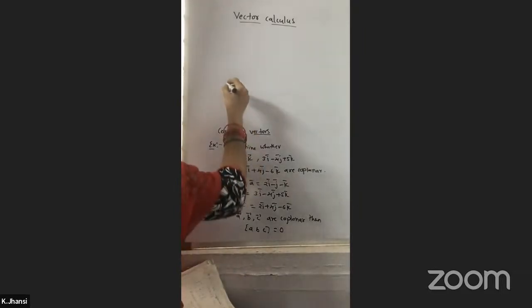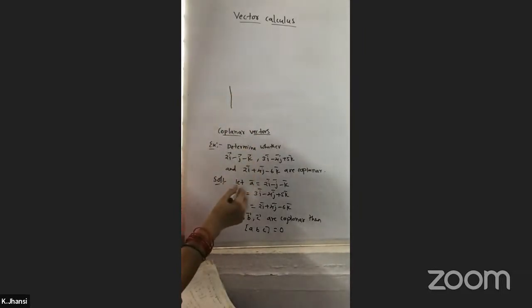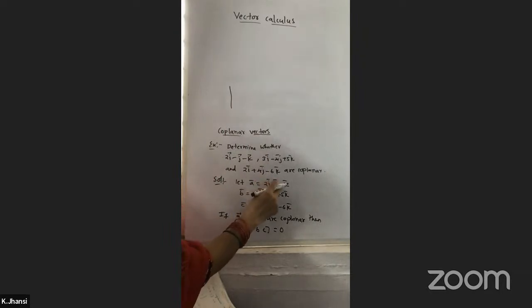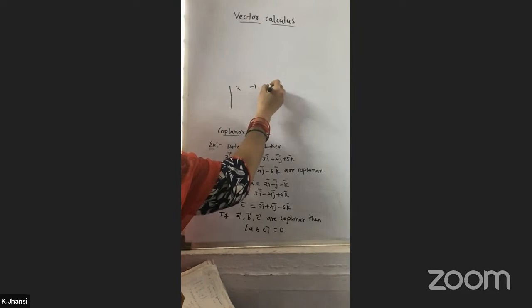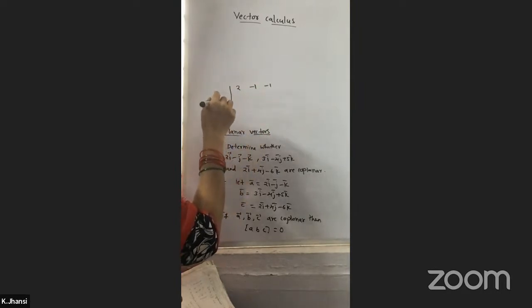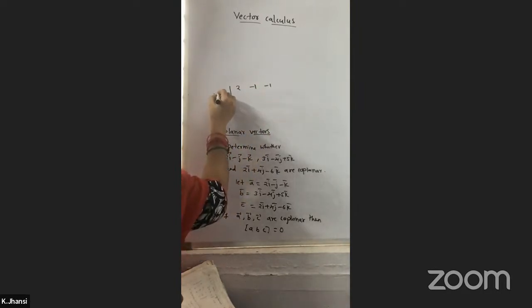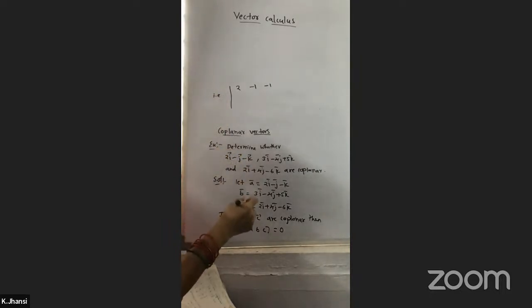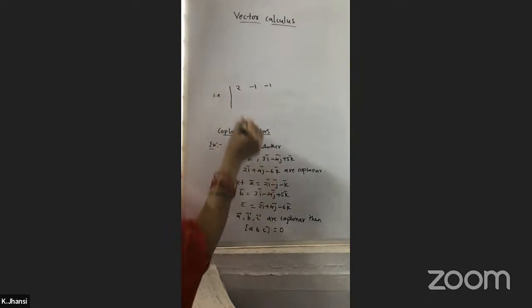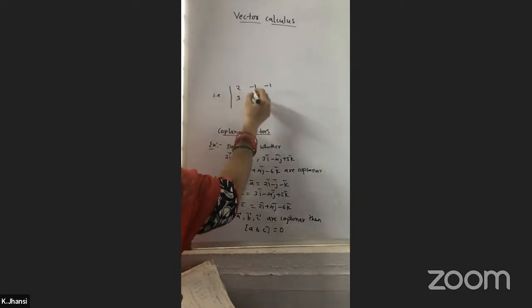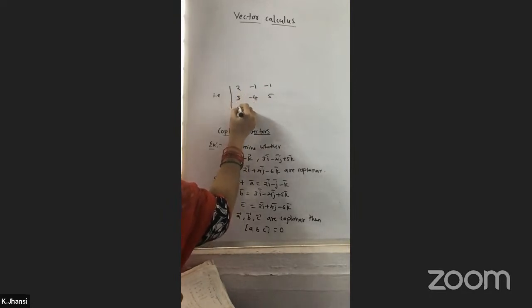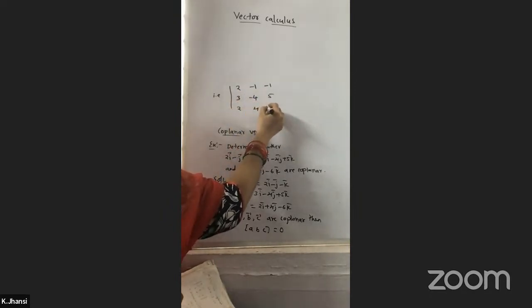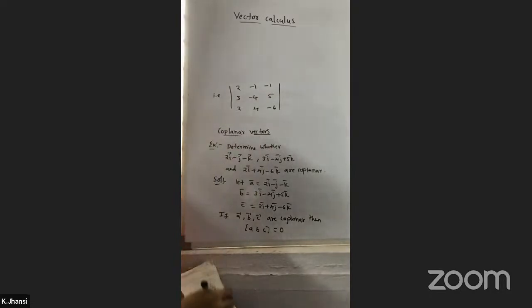Okay. So for that we'll find here determinant of the coefficients of ijk. That is 2, -1, -1. Okay. 2, -1, -1. 3, -4, 5, 2, 4, -6. Okay, this is the determinant of the ABC vectors.